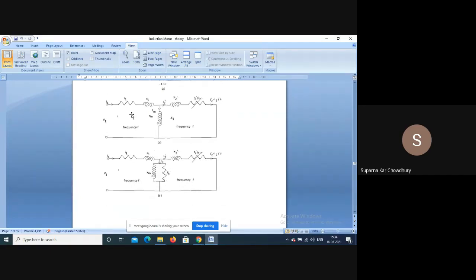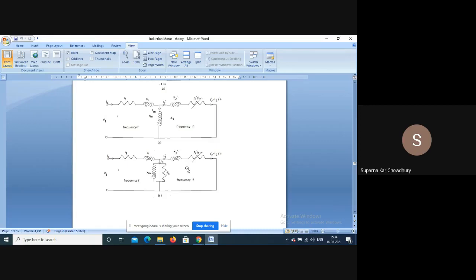However, normally this approximate equivalent circuit is always used to solve the equation because that reduces the computational burden without introducing much error, because the major portion of I0 is the current flowing through Xm. So the current through RC is very small.